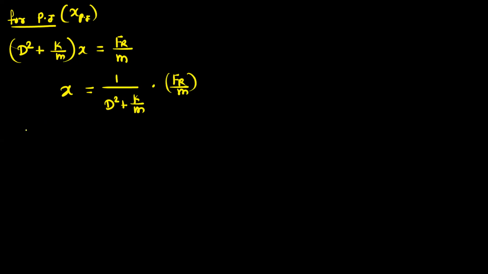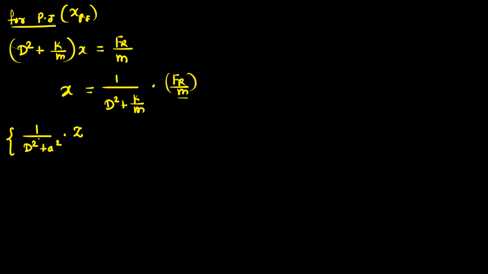Okay. So I will write that standard formula: 1 upon (d square plus a square) into, if you have some constant, I will assume that constant as Z. So actually this Z value is nothing but this Fr upon m. This is a constant value. Okay.